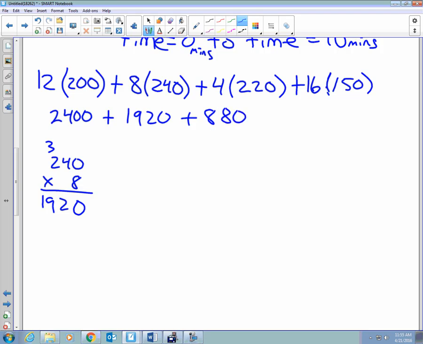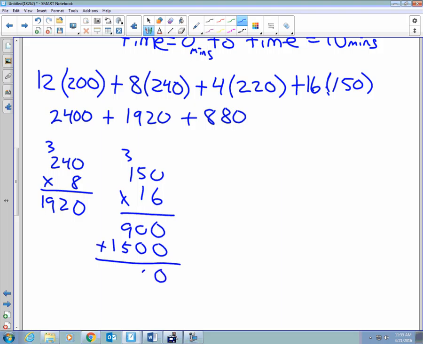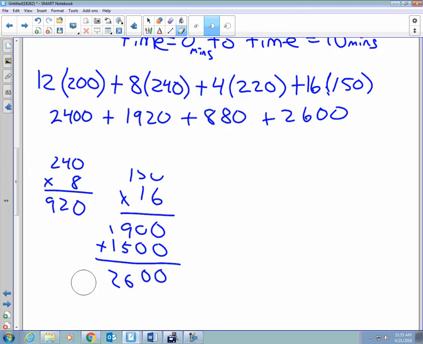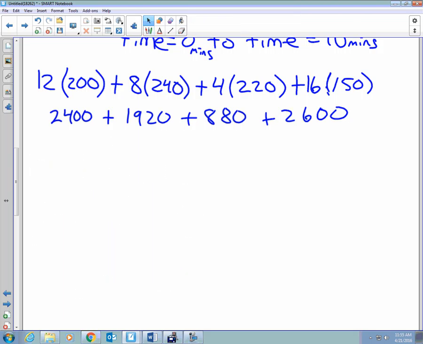That one's 880. Because I don't know any other way you do it. You know, you just kind of got to do the math, right? Or the arithmetic. So I got to add these up.